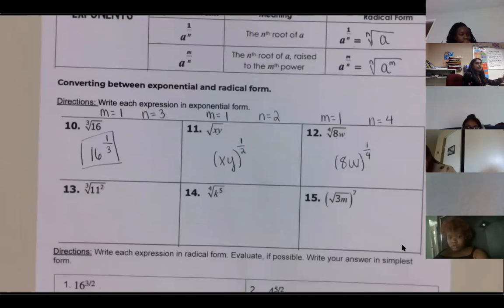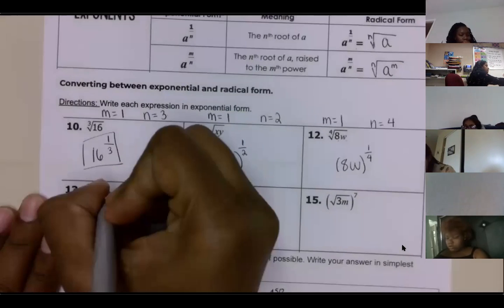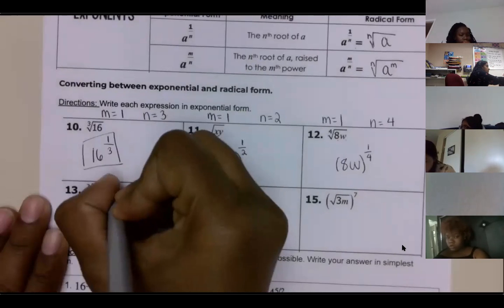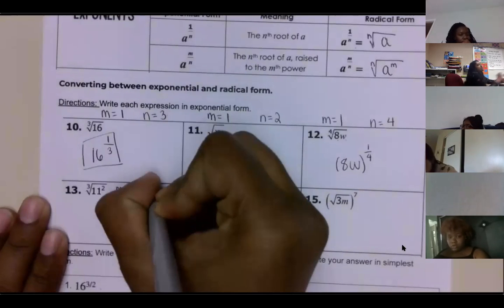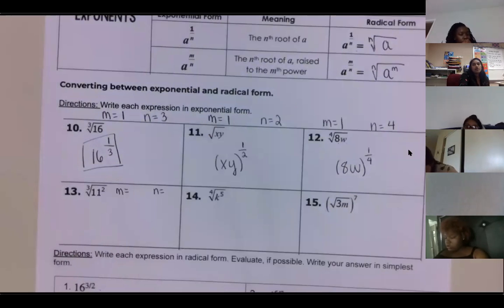All right, number 13, we've got cube root of 11 squared. What's my m? What's my n? What do you have for me, Liana? The m is 3.